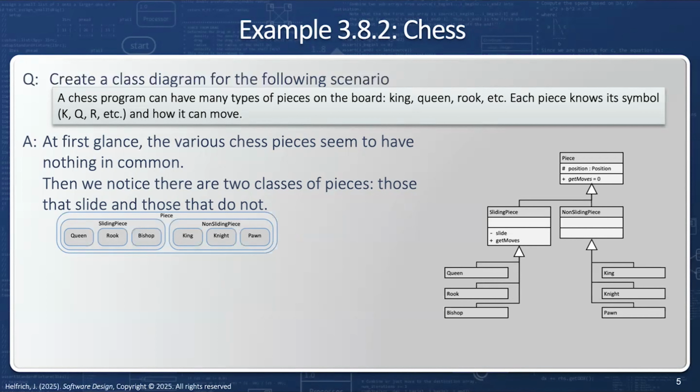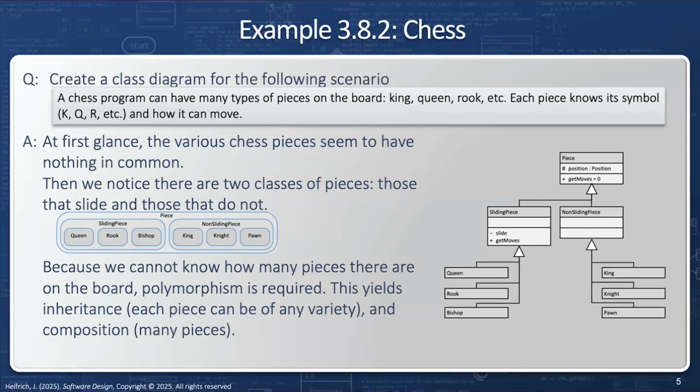Now observe, every piece is going to have a position. Therefore, it makes sense that sliding pieces and non-sliding pieces, as well as queen, rook, and bishop, are all going to inherit off a piece. But only the sliding pieces know about the slide and can get moves based on it. Because we cannot know which of the different types of pieces are on the chessboard, polymorphism is required. In other words, a given piece could really be a bishop, a queen, a rook, could be anything. And this yields inheritance. Each piece can be any type of variety.